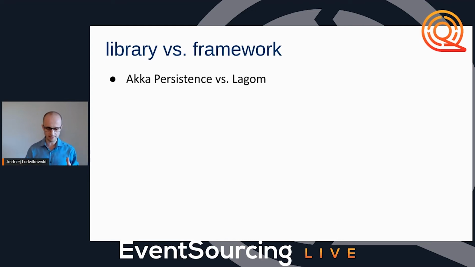On the other hand, Akka Persistence is one level of abstraction lower. It will give you all the technical functionalities to build a production-ready event sourcing solution, but you will need to handle more stuff by yourself. Also, you will get more freedom. Which choice is better? It depends. But I suppose this is a story for a whole new presentation. And I'm not saying that you should never, ever use a framework.